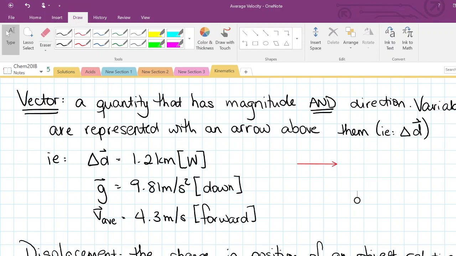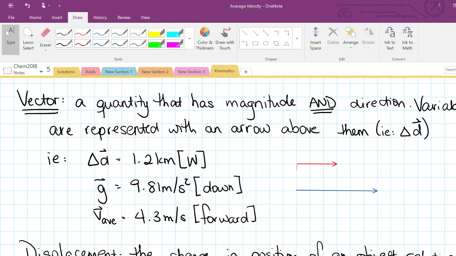And then I want to represent a second person that's traveling to the right, but they're traveling double that spacing. So they travel 6 squares. My vector arrows need to be drawn to an appropriate length in order to represent that this particular magnitude is twice as much as this particular magnitude. So we're going to get into vector diagrams shortly, but that's something to keep in mind as well.